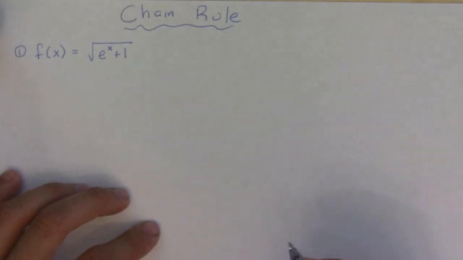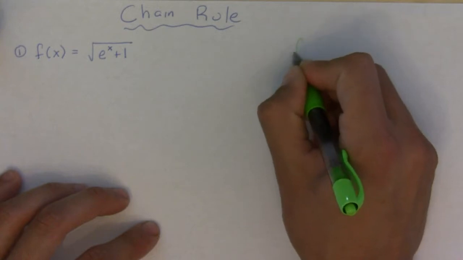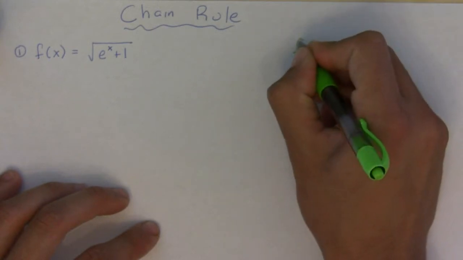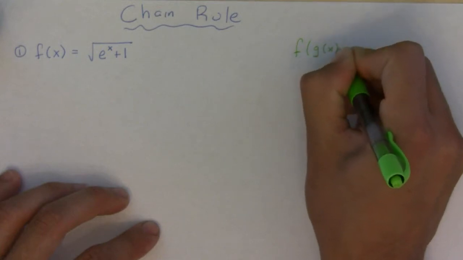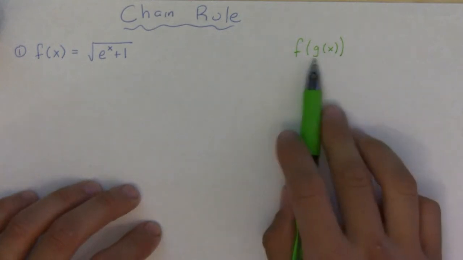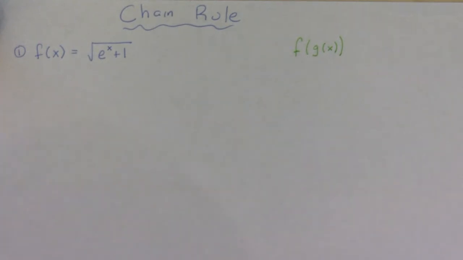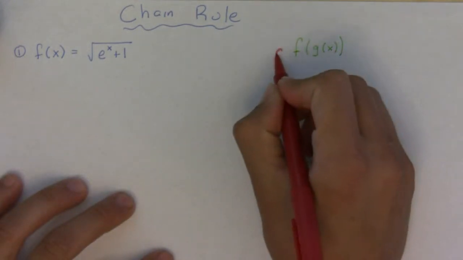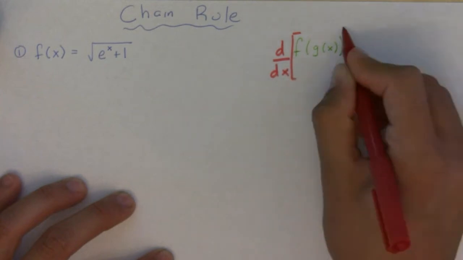Now the chain rule, you use it when you have a composition of functions. So let's say I have a function made up of, let's say, two different functions. So this would be f of g of x. And let's say that I want to get the derivative of this composition of functions.